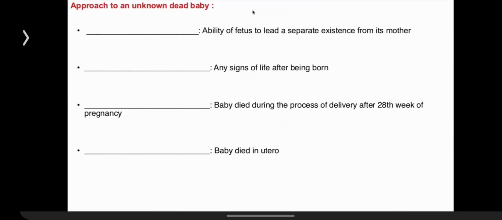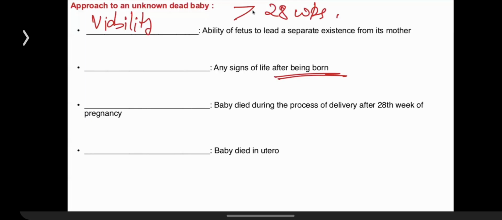Now, ability of fetus to lead a separate existence from its mother is called viability. So, for viability, the period of gestation should be more than 28 weeks. Any child with period of gestation more than 28 weeks can live separately. If the child shows any signs of life after being born, that is called live born.